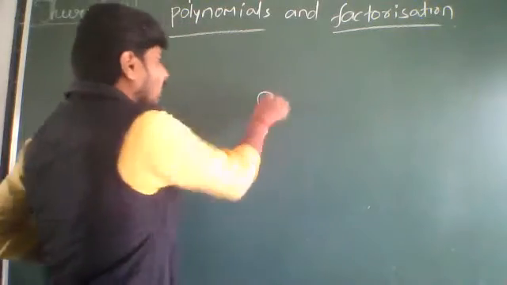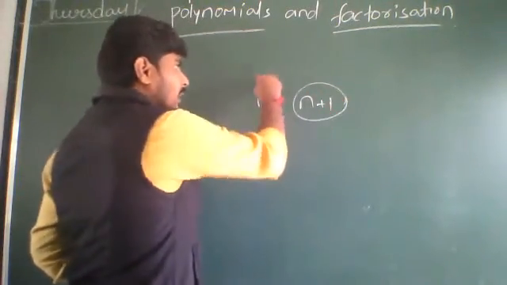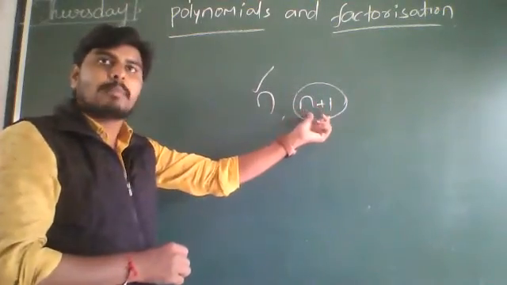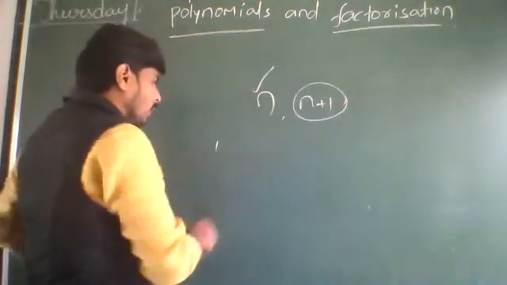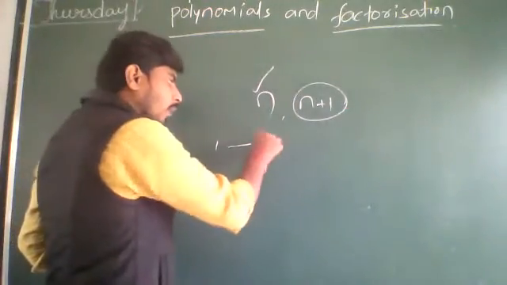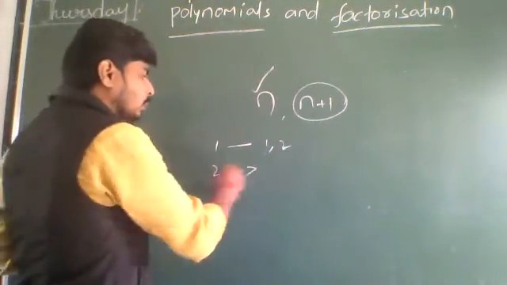Suppose the degree is n, then it should have a maximum number of terms n plus 1. Suppose degree is 1, how many terms? 2. It may have one term or 2 terms. Suppose degree is 2.